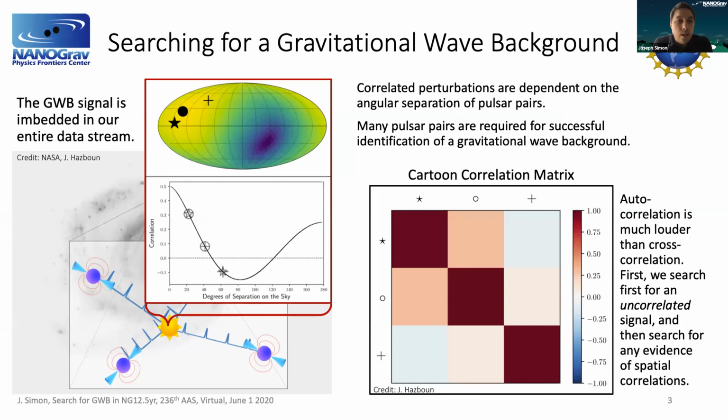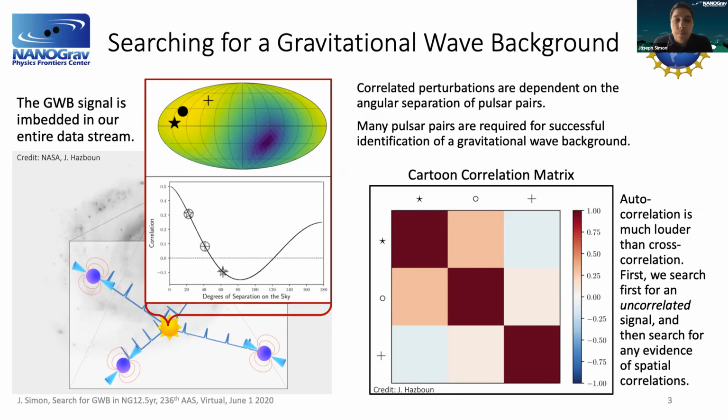Unlike LIGO searching for bursts, the signal that we are searching for here is actually embedded in our entire data stream, and so we need to model it with all of our noise at the same time.